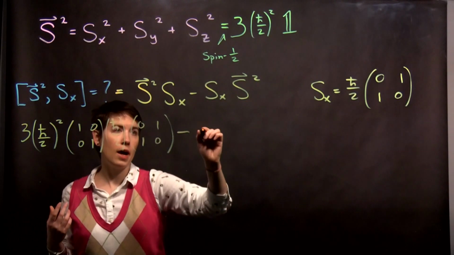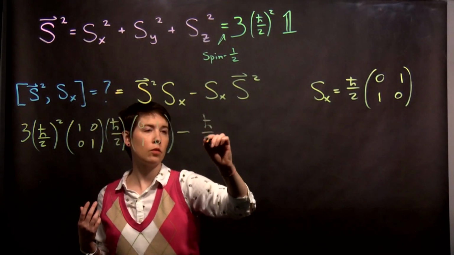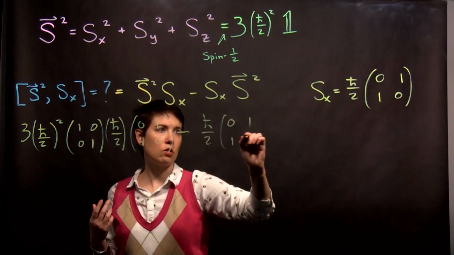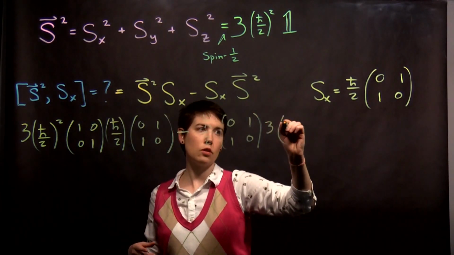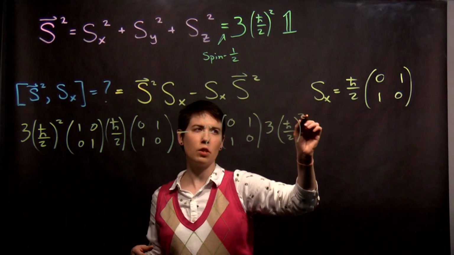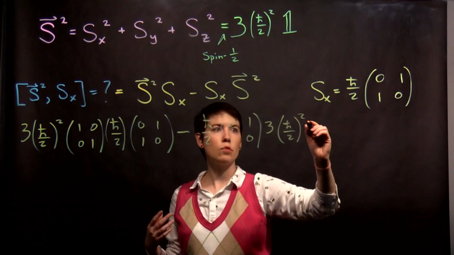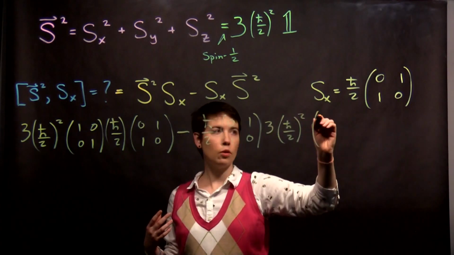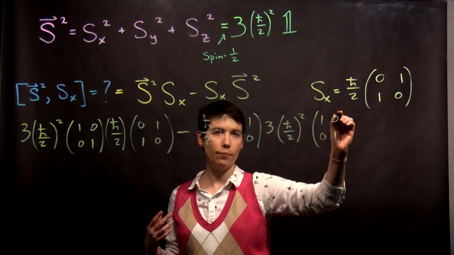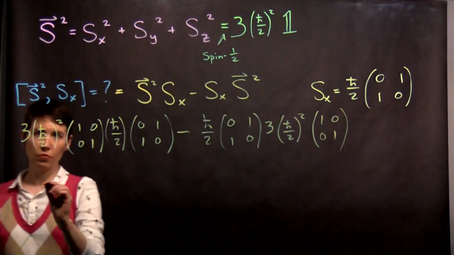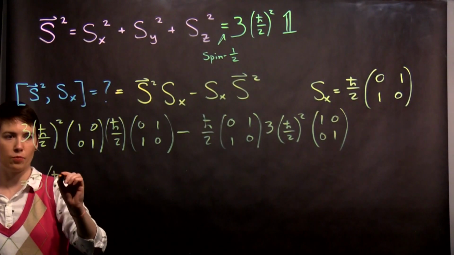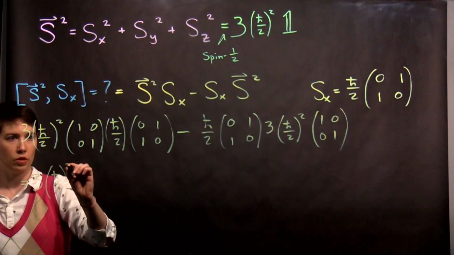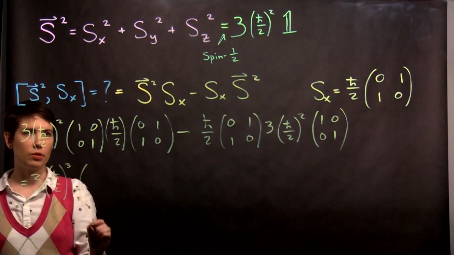And then I'm going to subtract, going the opposite way, so 1s on the off diagonal for Sx, and then that 3 h bar over 2 squared, and it doesn't really matter how you've written this, there's other ways to write it, and then 1, 0, 0, 1. So we're going to bring out my 3, and now I have an h bar over 2 cubed.